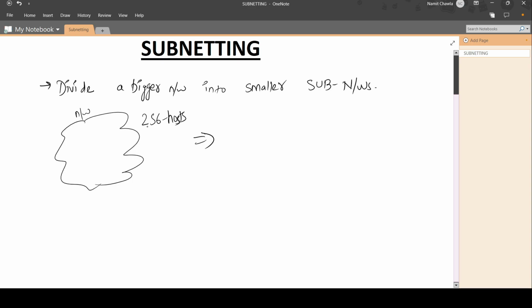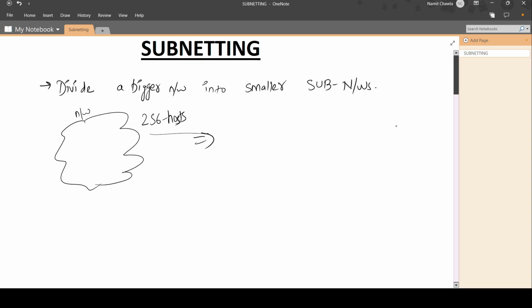It can have 256 hosts, but the scenario at my house is that I cannot have 256 hosts. I'm not having that many devices, so at the moment I am wasting a lot of resources.